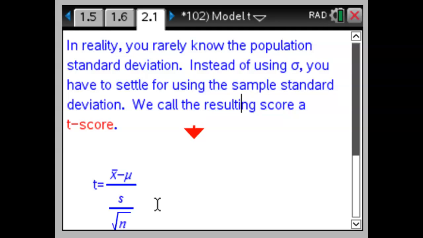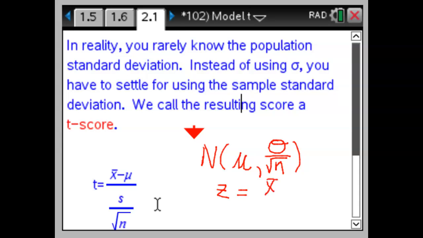We're centered at the mean, and our standard deviation was the population standard deviation over the square root of the sample size. If we were going to calculate a z-score, it was our sample average minus the population mean, over the standard deviation of the population over the square root of the size of the sample.